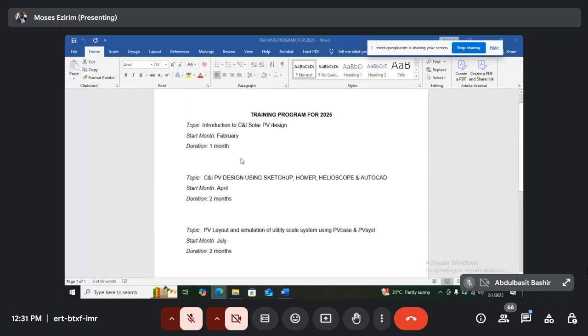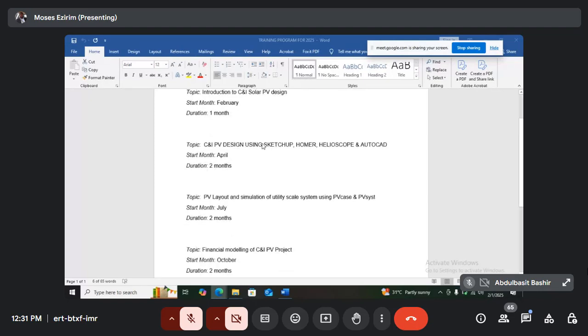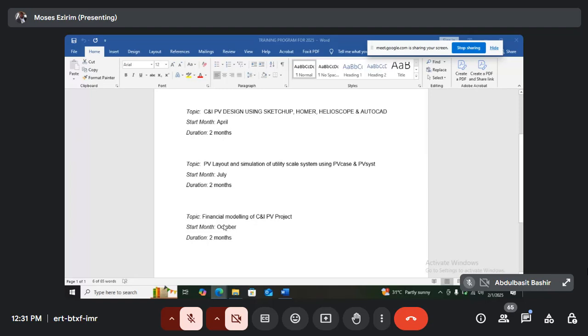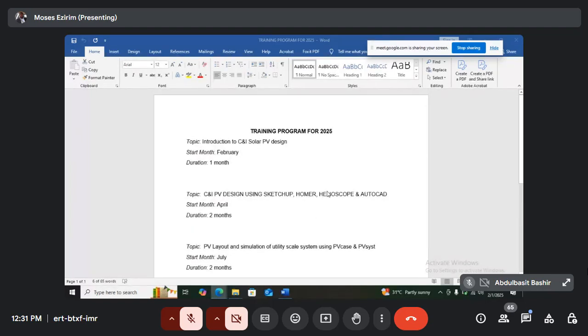I won't be telling you how to do this step by step, I'll just go straight, because I must have assumed that you've done this introduction. You know the manual method. Without the manual method, there is no way you'll be able to do Helioscope or AutoCAD. So there are trainings which are going to start in April, July, and August. We want to end up with the financial model. So at the end of the year, you should be able to hit your chest that I'm a C&I expert.